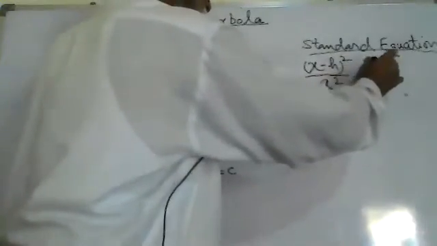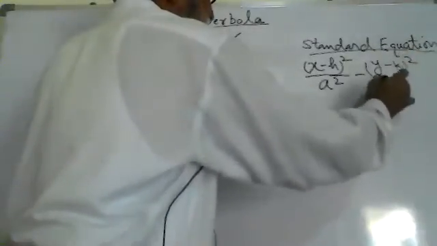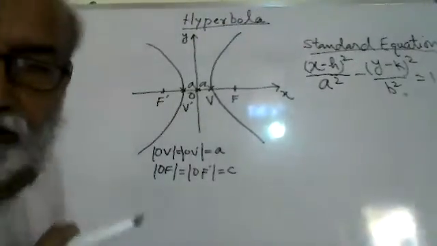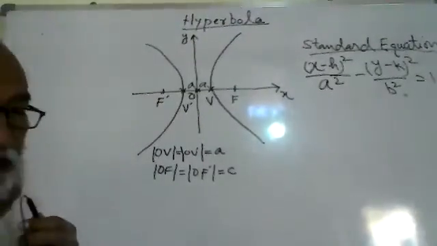Sorry, x minus h whole square upon a square minus y minus k whole square upon b square is equal to 1. This is the standard equation.